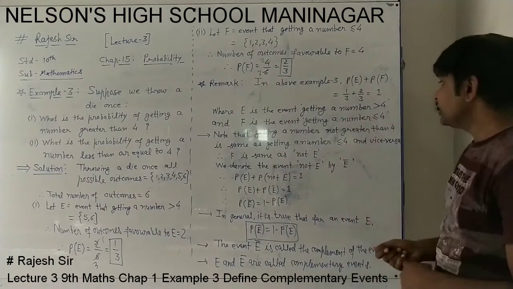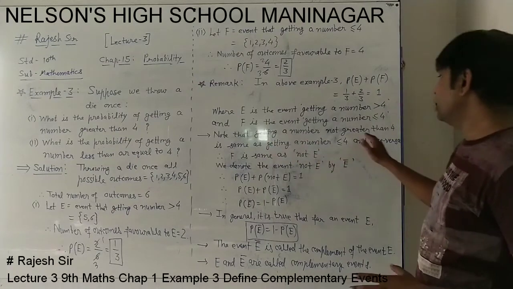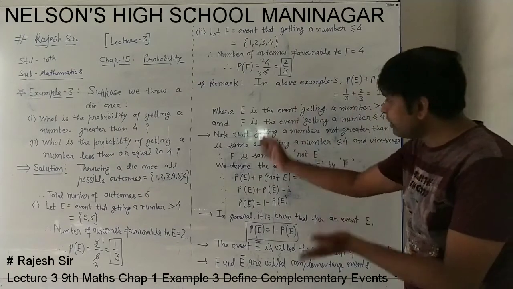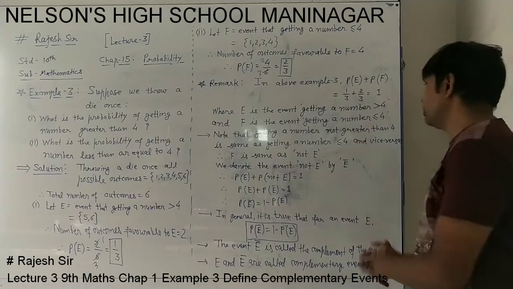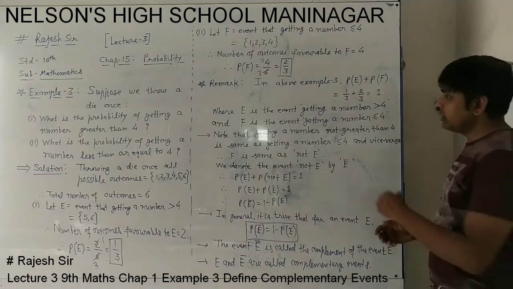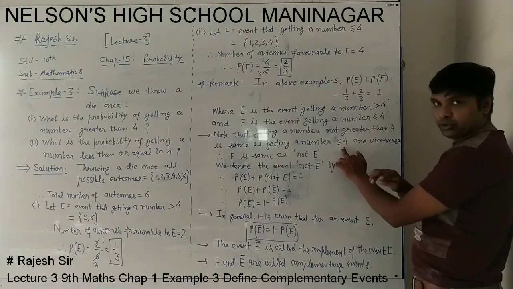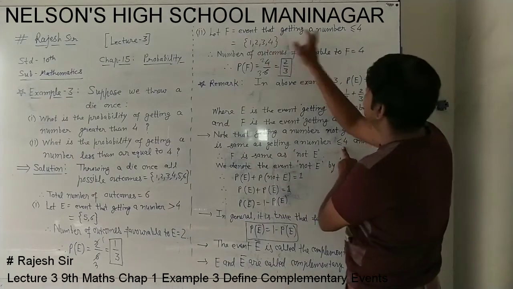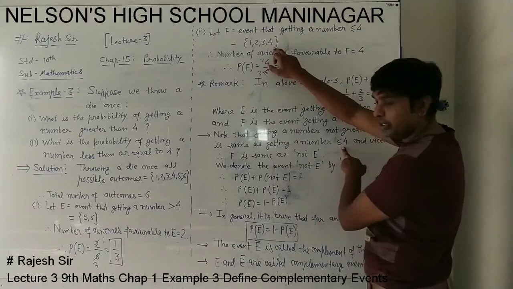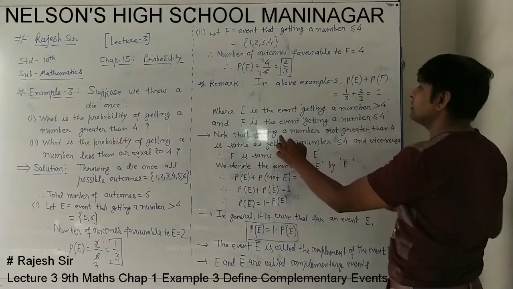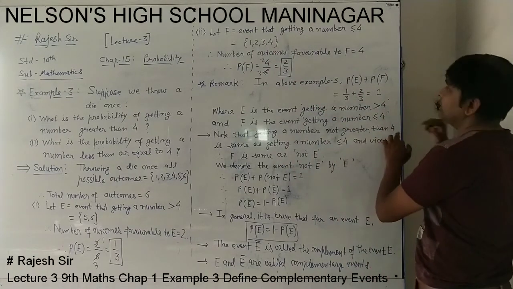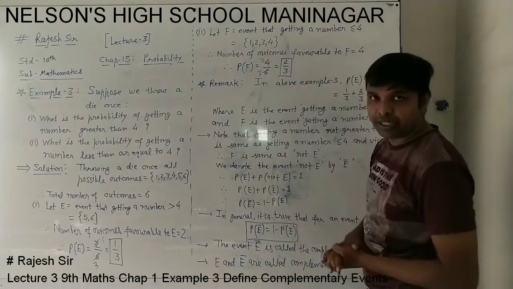So here we have to notice that getting a number not greater than 4 is the same as getting a number less than or equal to 4. And vice versa, if you think in reverse, getting a number less than or equal to 4 is 1, 2, 3, 4, right? It is the same as a number not greater than 4.